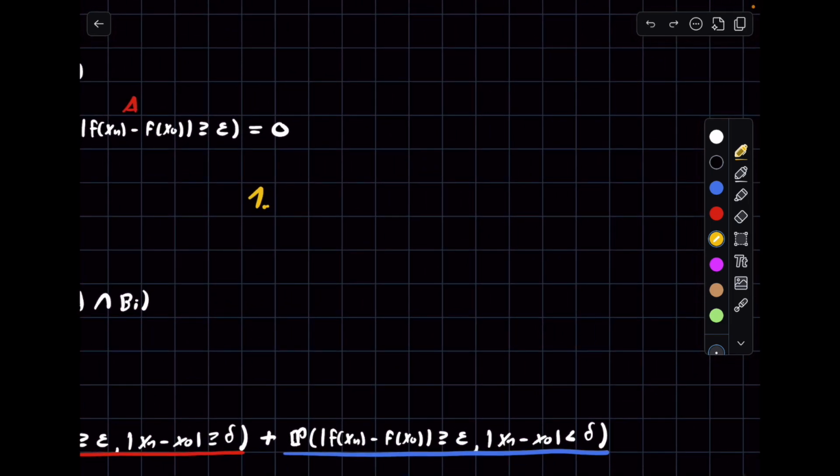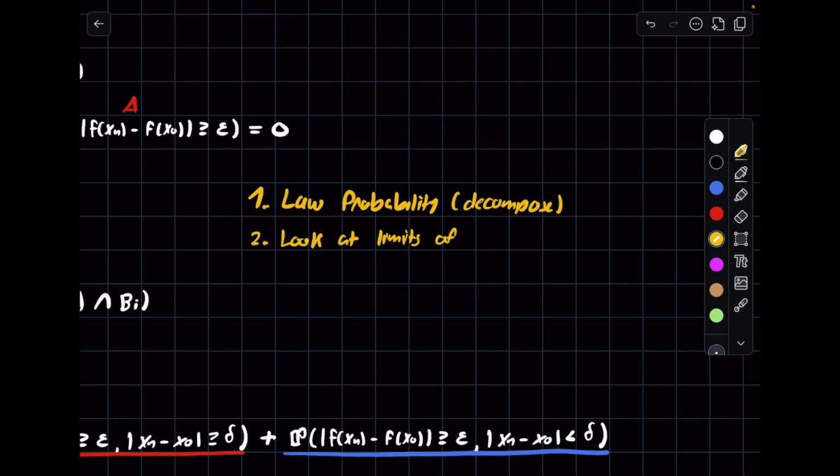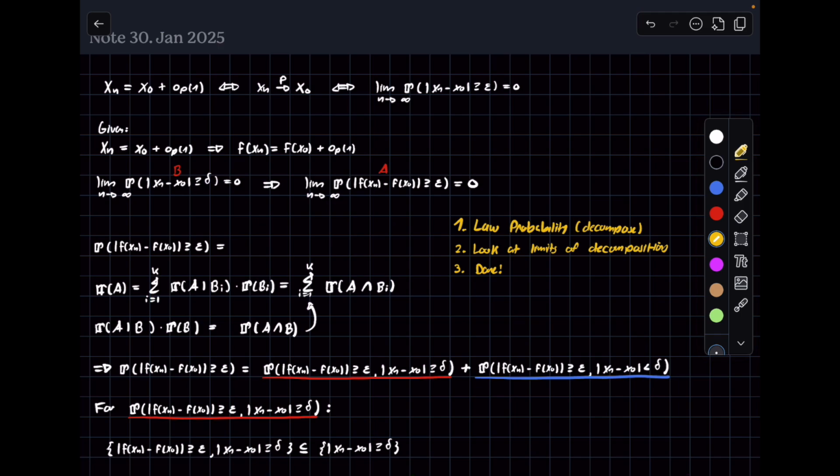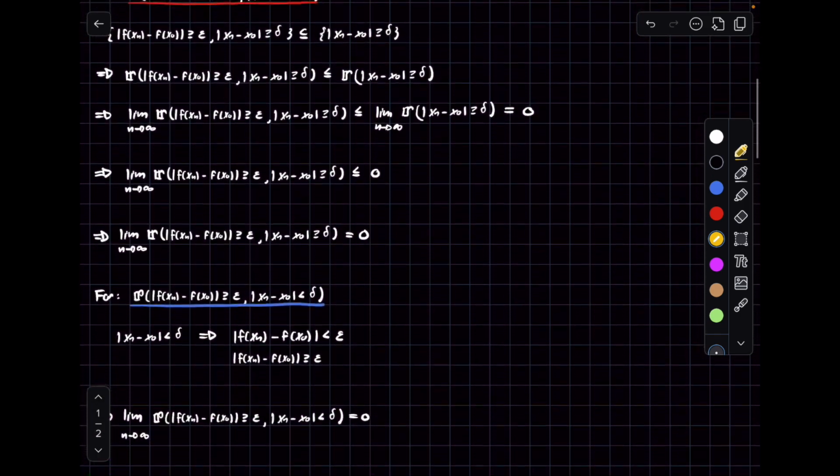We find the law of total probability, and we decompose with it. Then we look at limits of the compositions, apply, and then you're done. So that's basically what we have to do, right?